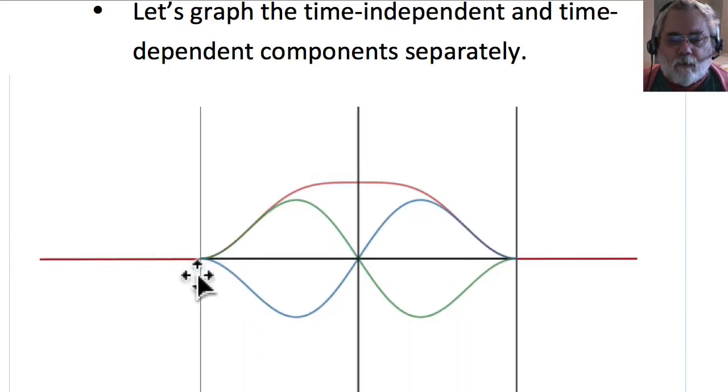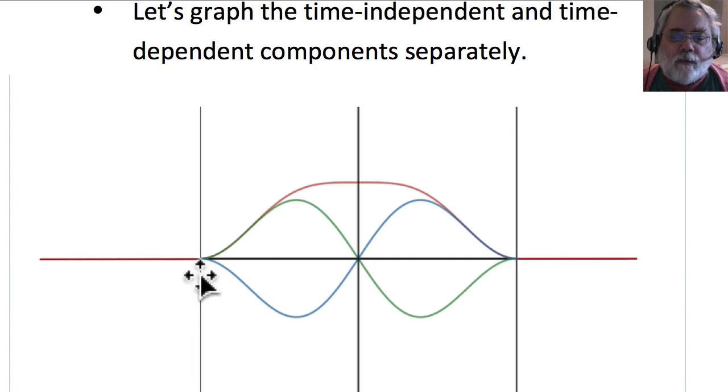Outside the box, they're all zero, but here we are inside the box. The red curve is the time-independent portion of the probability density. Different scale than the previous graph. And then the green curve and the blue curve, which is the minus of the green curve, show the time-dependent portion.